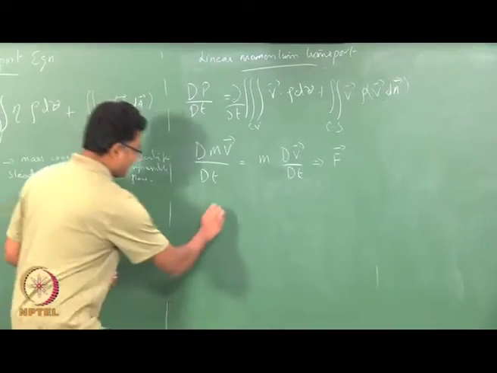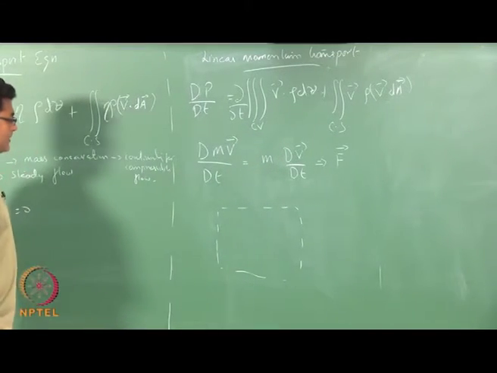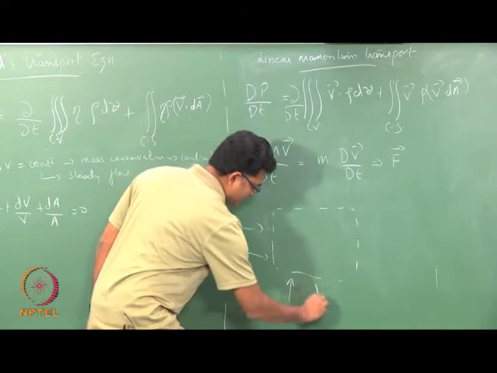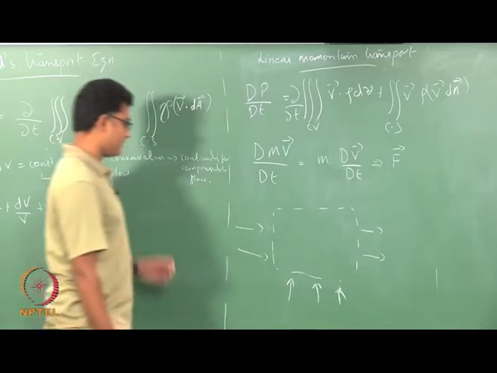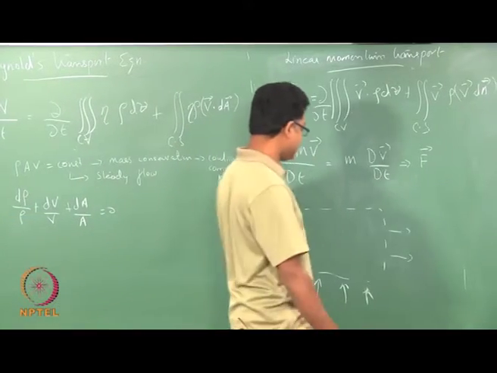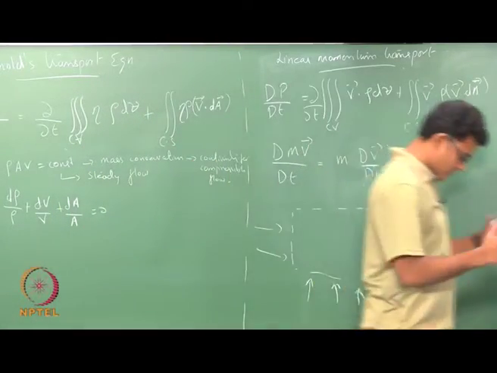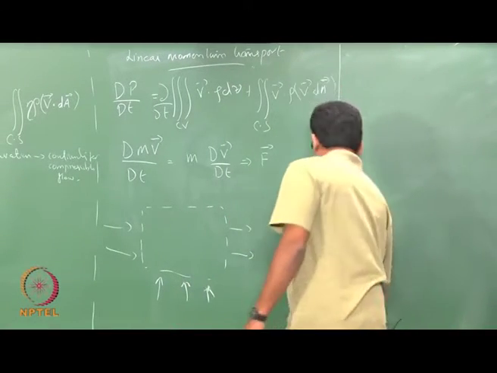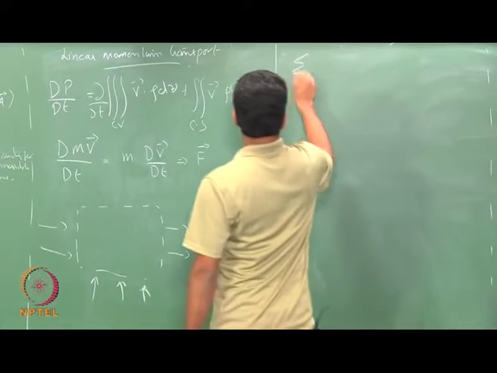So, if I have a control volume, an arbitrarily shaped control volume, there are forces that are acting on the control surface and work done by the control surface and away from the control surface or by the surroundings. So, you are trying to find how the sum of those forces is balanced by this particular quantity which we had derived.